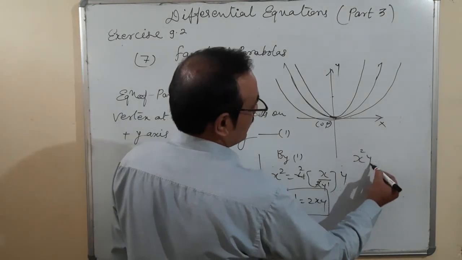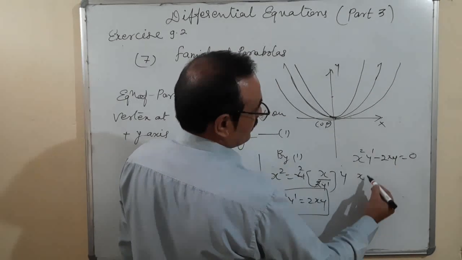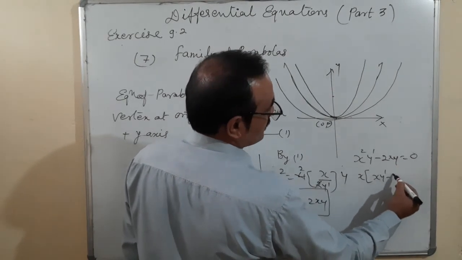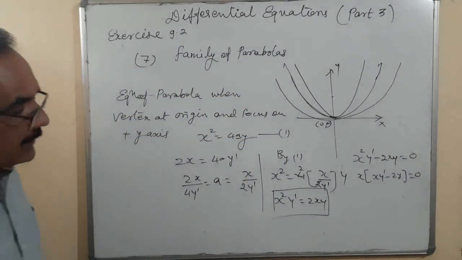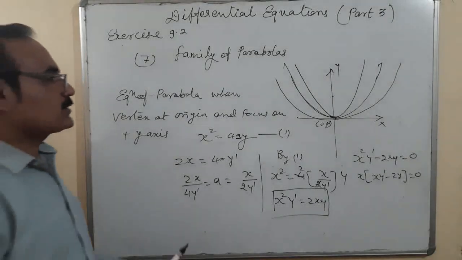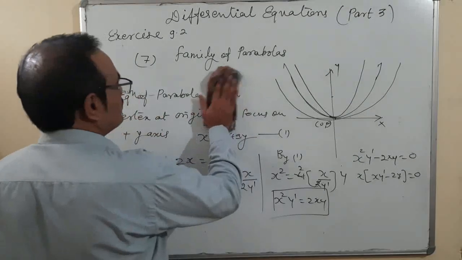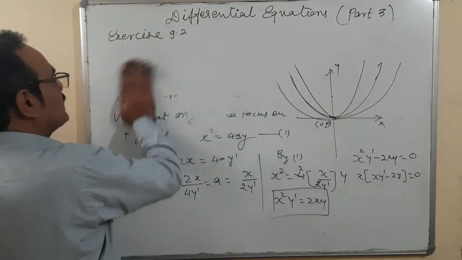Taking x common, xy dash minus 2y is equal to 0. Clear? So this is the family of parabola, with vertex at origin and focus on positive side of y-axis.